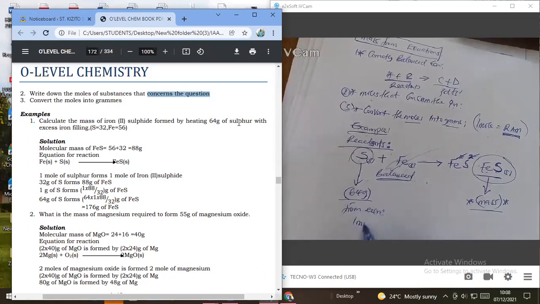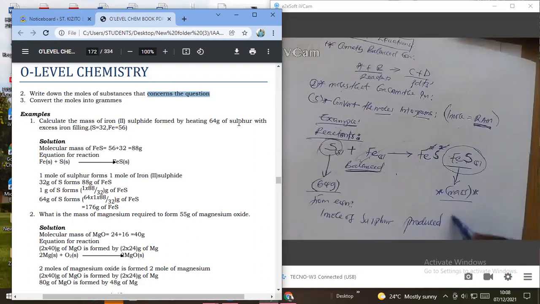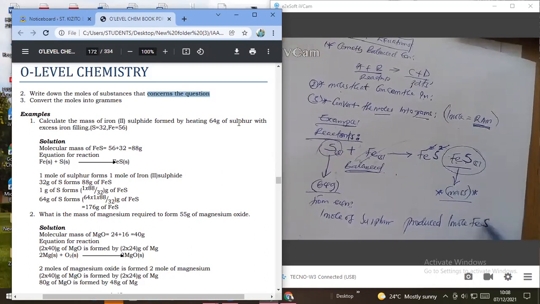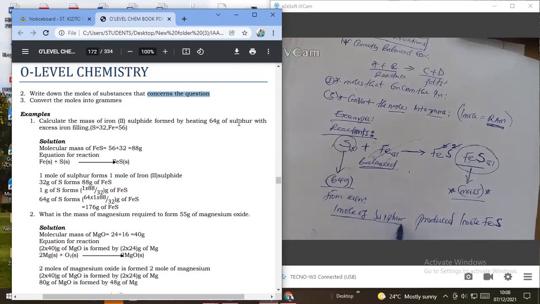1 mole of sulfur produced 1 mole of what? Iron sulfide, isn't it? From the relationship we had, 1 mole of sulfur in the table is equivalent to what?